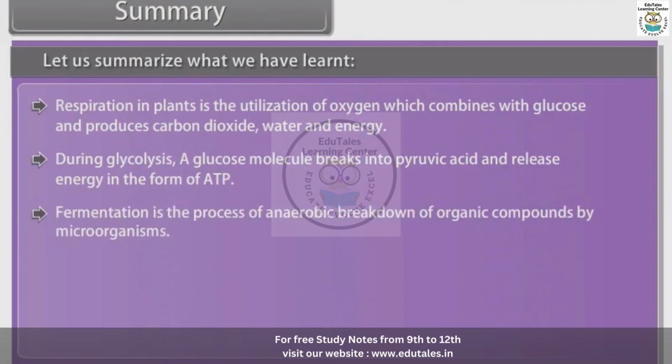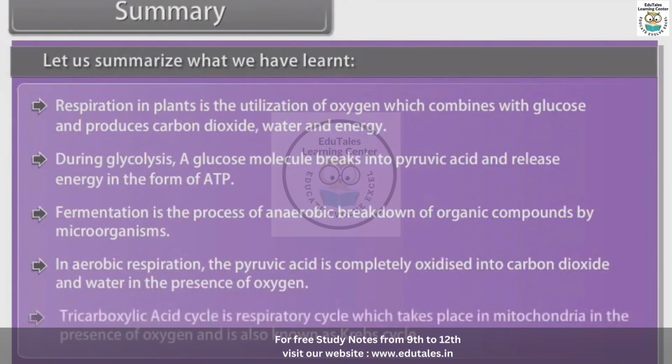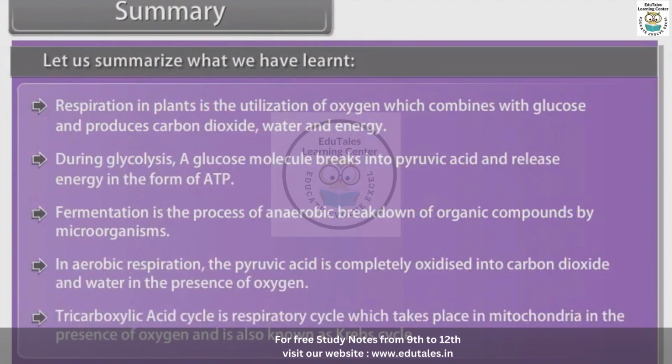Fermentation is the process of anaerobic breakdown of organic compounds by microorganisms. In aerobic respiration, the pyruvic acid is completely oxidized into carbon dioxide and water in the presence of oxygen. Tricarboxylic acid cycle is a respiratory cycle which takes place in mitochondria in the presence of oxygen and is also known as Krebs cycle.